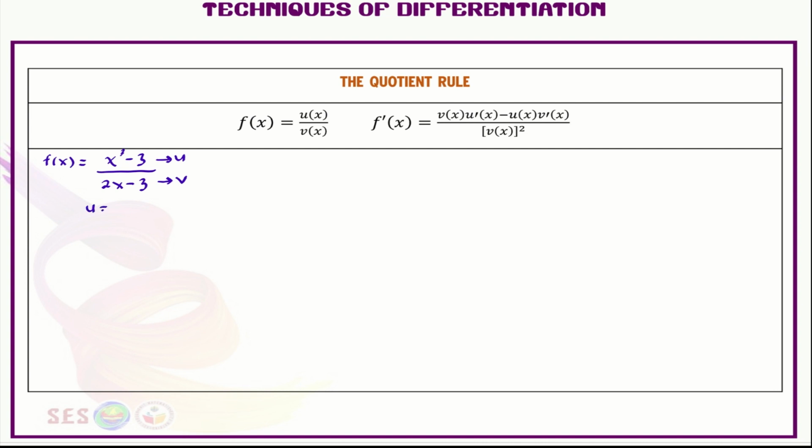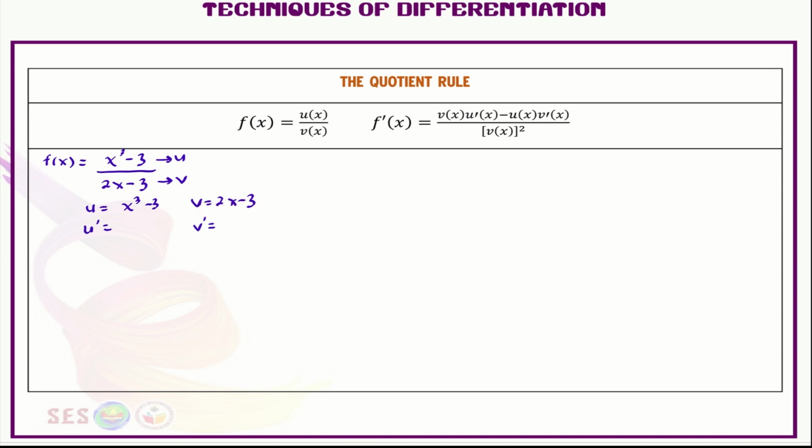So u is x cubed minus 3, and v is 2x minus 3. We need to find u prime and v prime. Please note that u prime means we differentiate u with respect to x, and v prime means we differentiate v with respect to x.